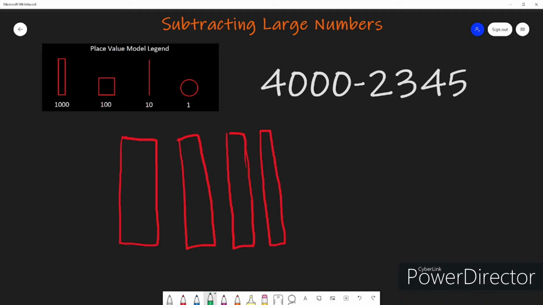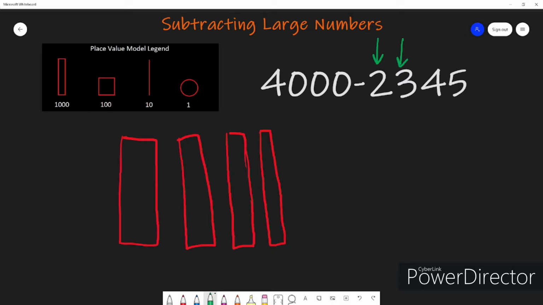So let's get started. We now have four 1,000 bars that represent the number 4,000. And we're looking to remove 2,345. Now, while we do have enough 1,000 bars within the 4,000 to remove the 2,000, what we don't have is 100 boxes to represent the 300 to get that removed.